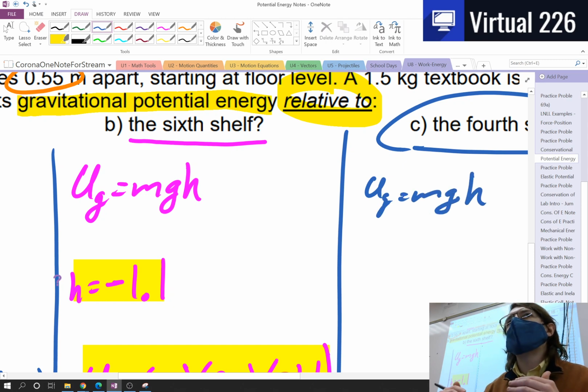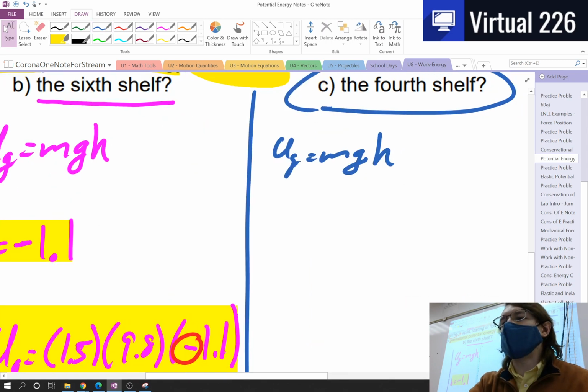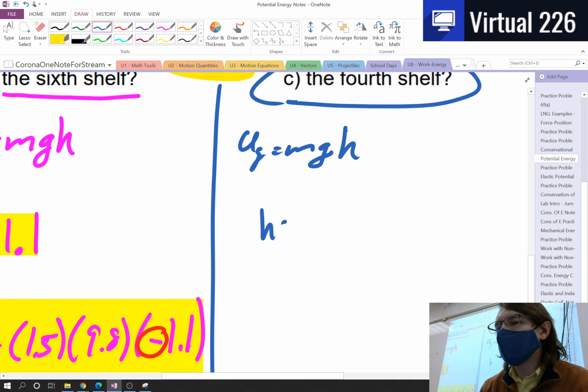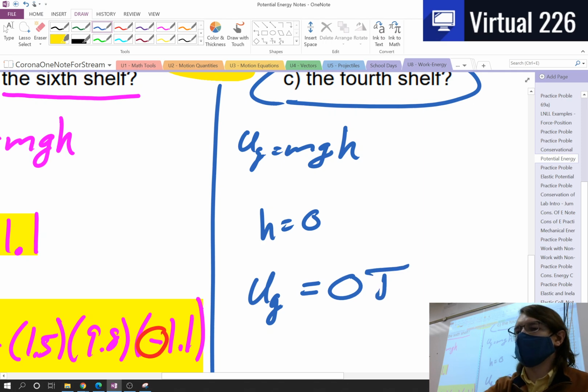But if we're on the 4th shelf, how much higher or lower are we from that shelf? Well, if we're on it, there is no difference in height. Our height here equals 0. So that gravitational potential energy equals 0 as well. Okay? And technically that is joules.